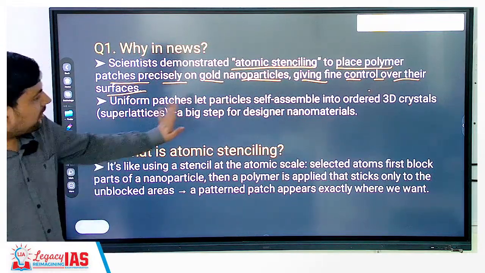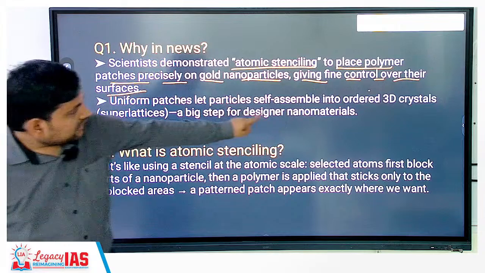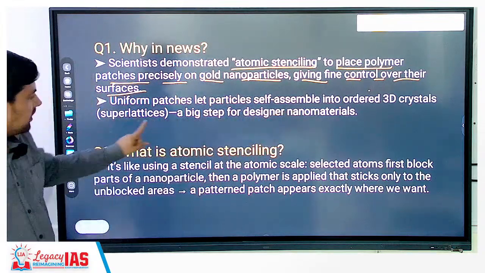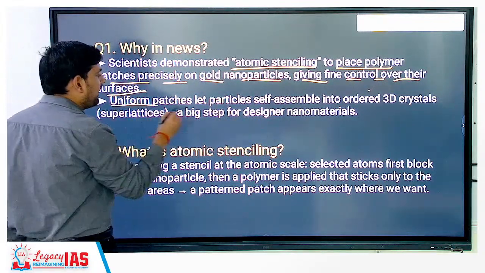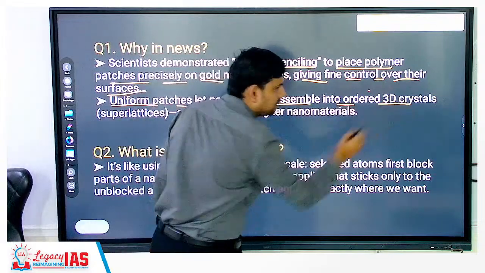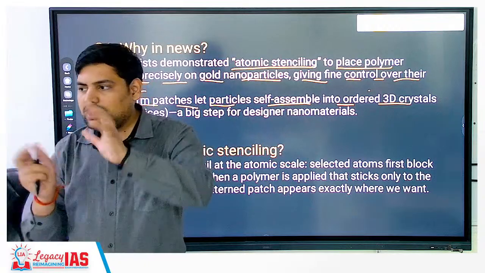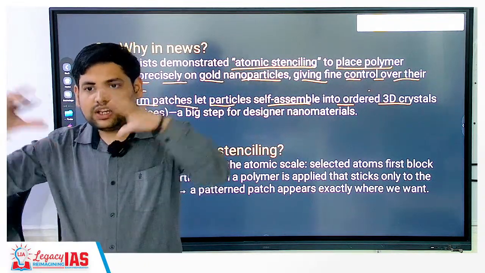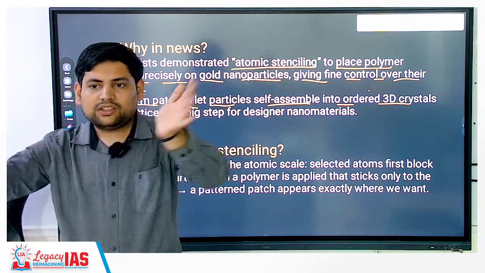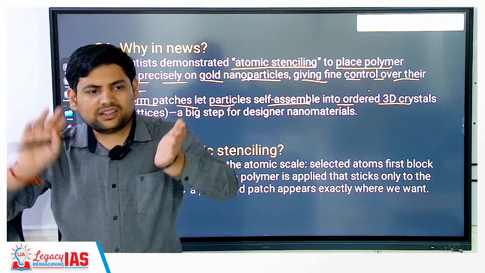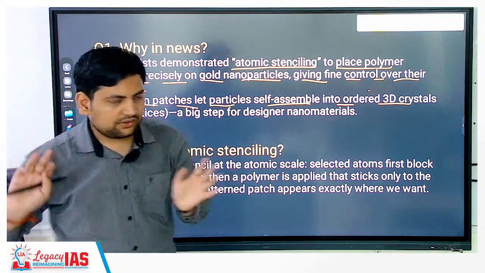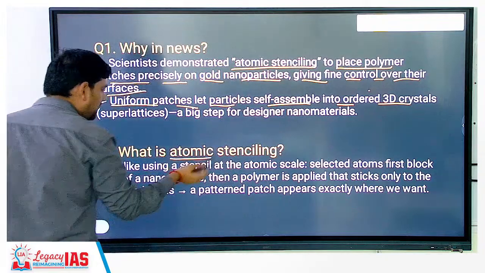Now uniform patches let particles self-assemble into ordered 3D crystals. So if I have uniform patches, which are not placed anywhere but only at particular places, now they can form a well-made 3D structure, and this 3D structure can be used in many different ways.